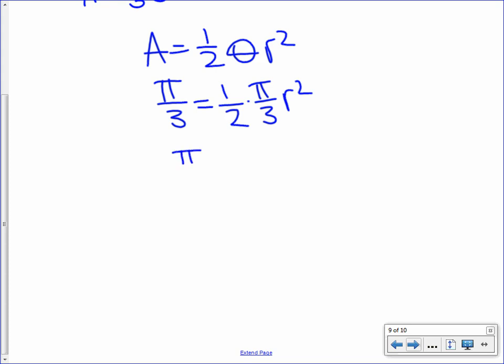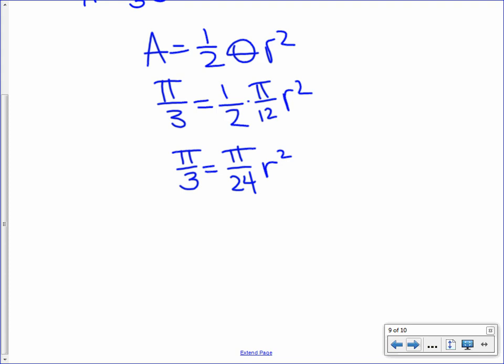Oh, why did I write pi over 3 over here? What should it be? Well, I'm sorry. There we go. That's what I want. Okay, so if I clean it up, we have pi over 3 equals pi over 24 r squared.